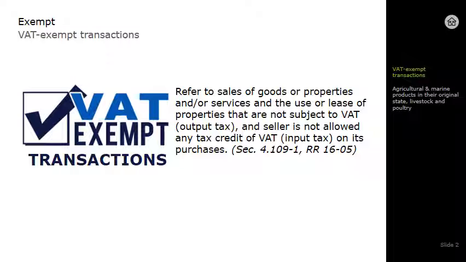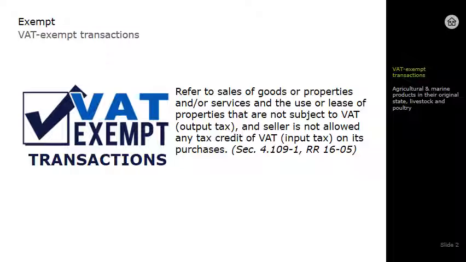And simply, these are sales of goods, sales of properties, sale of services, in the course of sales of services which are exempt from the VAT, and also importations exempt from the VAT as prescribed by Section 109 of the Tax Code and implemented by the BIR pursuant to Revenue Regulation 16-05.